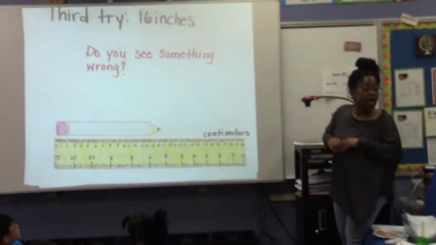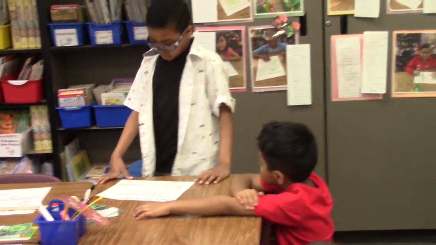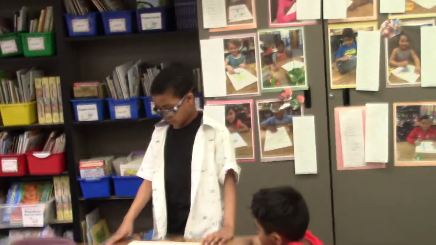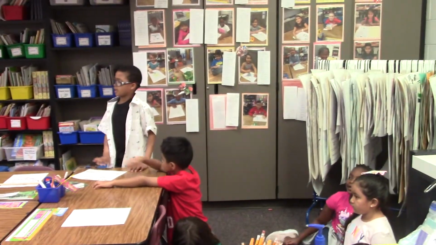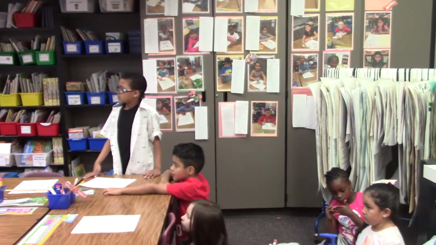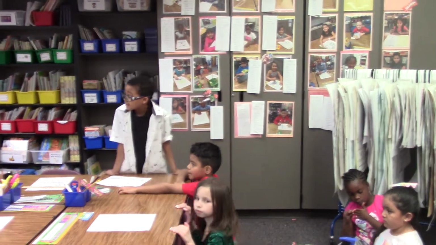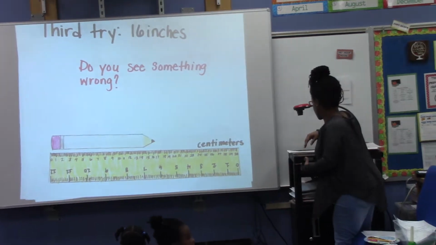And community 3, Aiden Cobb, please tell me what I did wrong in picture 3. You put centimeters instead of inches, and you put the ruler upside down. Well, yes. Not necessarily upside down, but yes, I used centimeters instead of inches when I should have been using inches. Should have flipped it around.